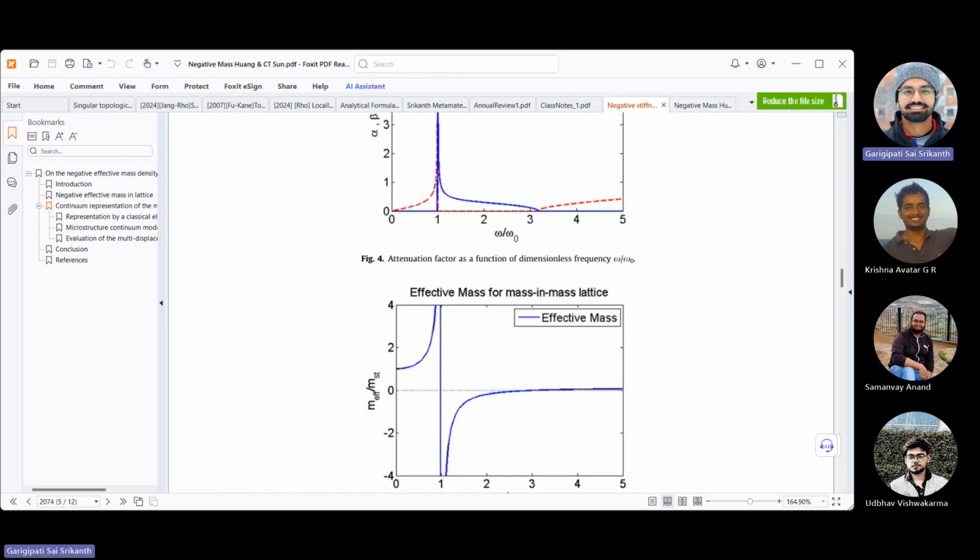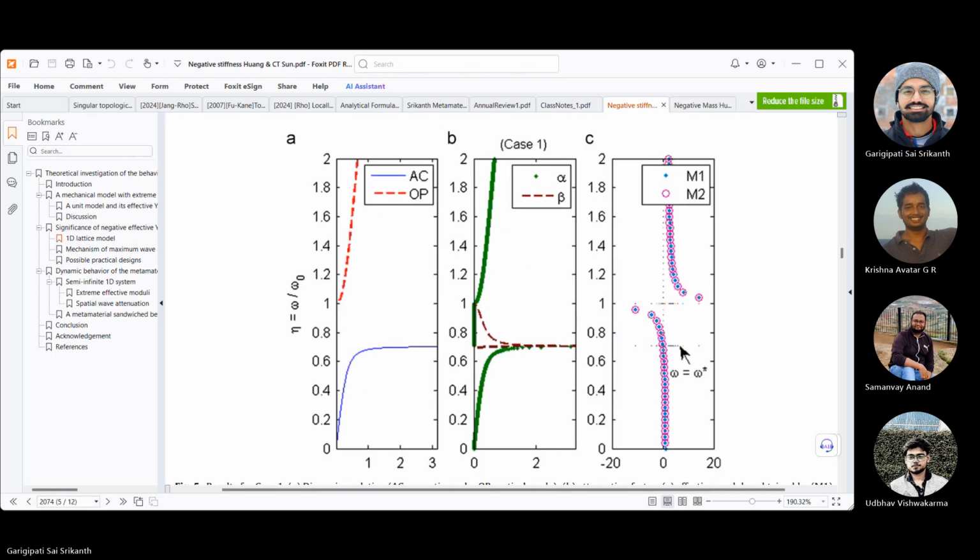This is in contrast to here, which is the effective stiffness. Remember, lateral local resonance gives you effective stiffness. Local resonance gives you effective mass. Right?